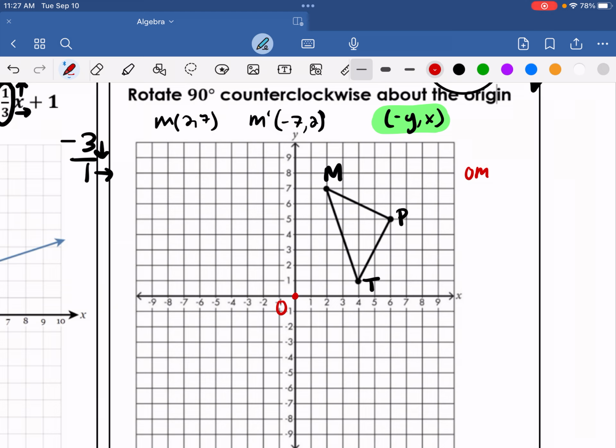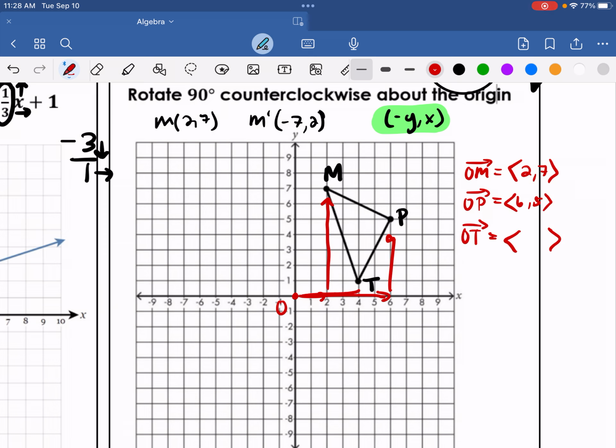So this is 2 to the right and up 7. That's 2, 7. Now from the origin to P, it's 6 to the right and up 5. And T, it's 4 to the right and up 1.